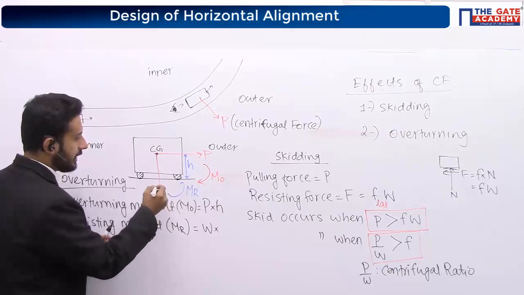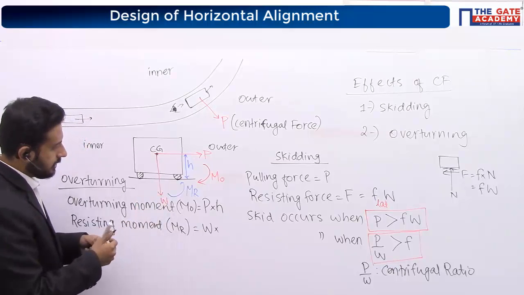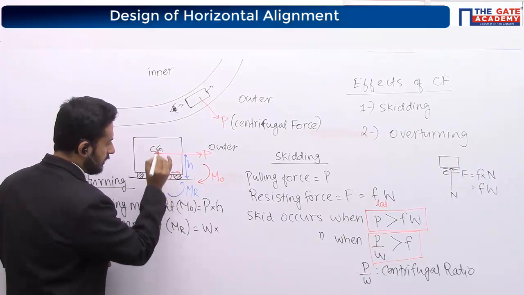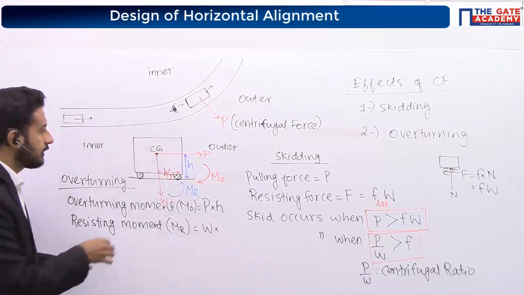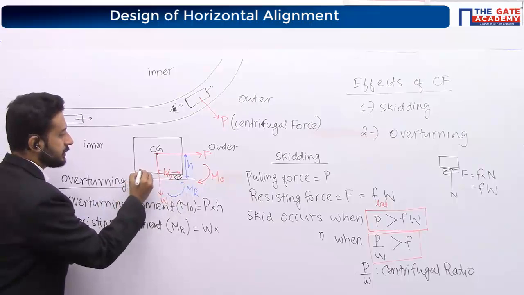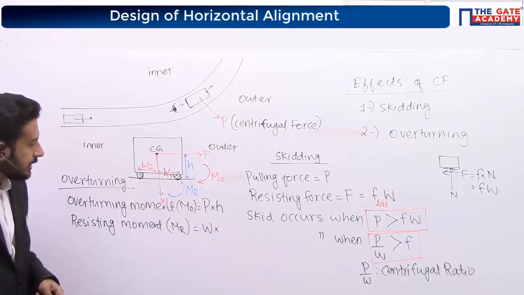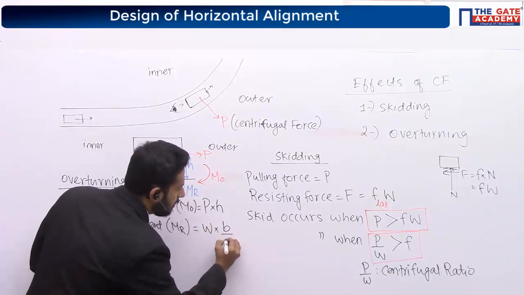So can I write it as b by 2? I'm just marking it like this. I hope it is visible. This is b by 2, and this is also b by 2. The total width is small b. So W into b by 2.